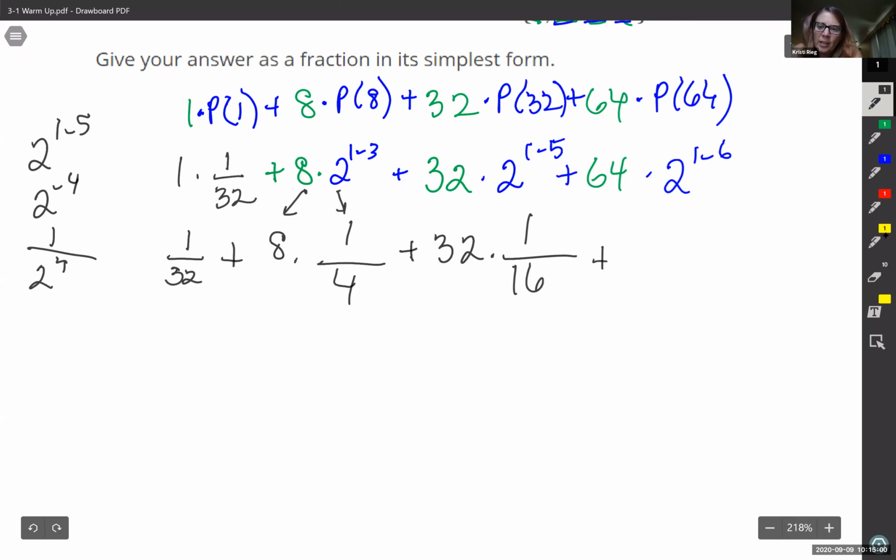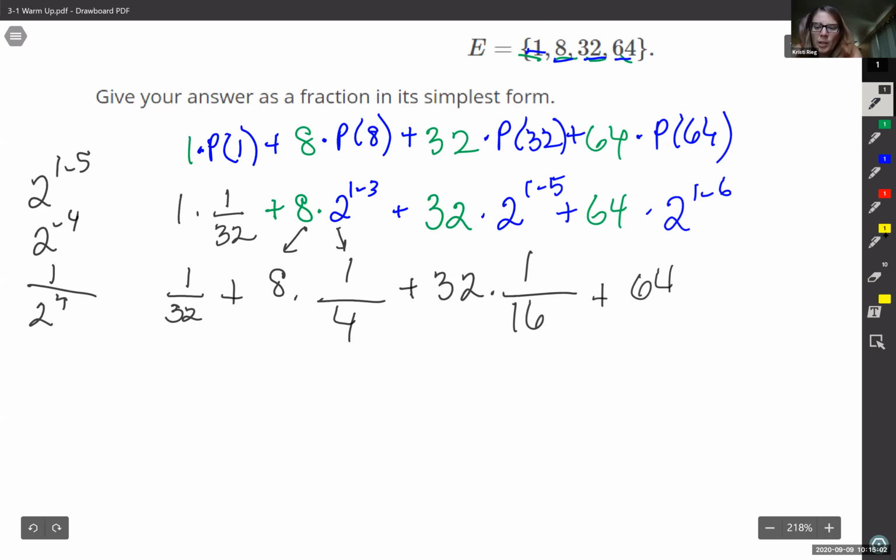And then finally, 64 times 2 to the negative 5th power. That means it's on the denominator, and the 5th power is 32. We just did the 4th power right here with 16. So I needed to double it and get to 32.